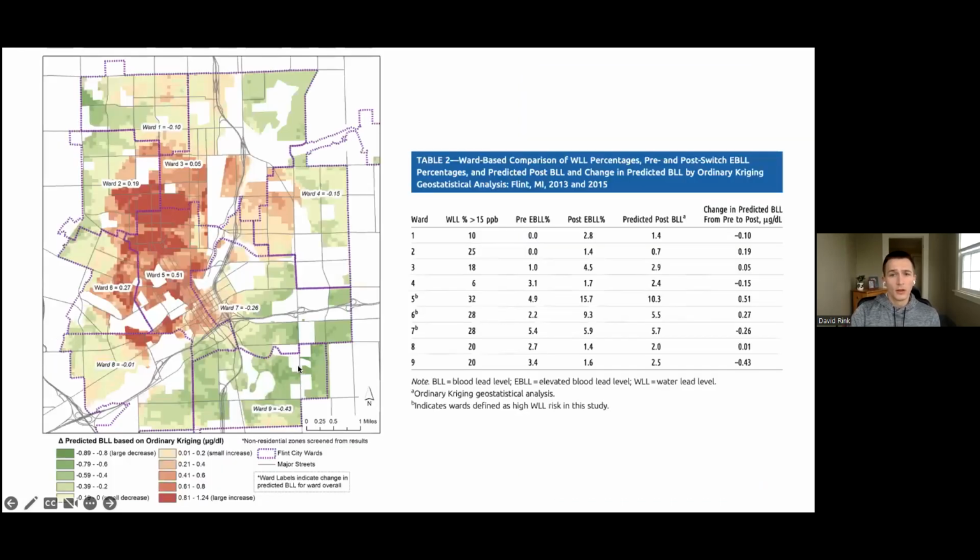So for the visual learners out there, I think that these images, which were taken from the first study that was published headlining this issue, can be really illustrative. These are spatial maps of Flint that are mapping the predicted blood lead levels following the change in water supply, also shown in written form in the chart on the right.